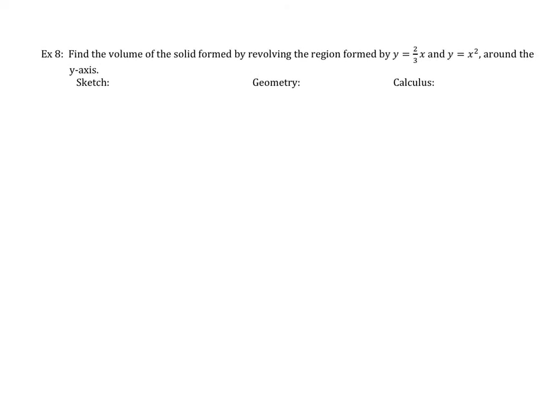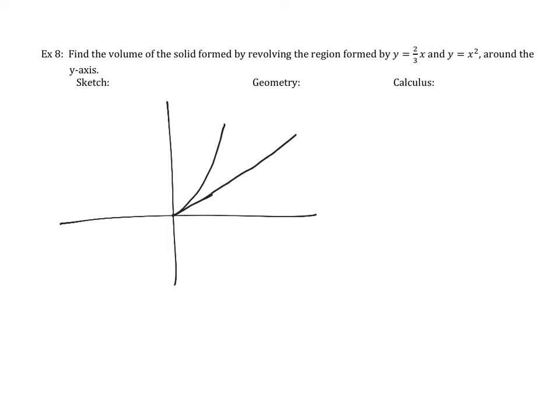So let's go ahead and give ourselves a sketch for this. Give yourself some room because this one is going to be revolved around the y-axis. So y equals x squared. And y equals 2/3 x, some kind of a line.